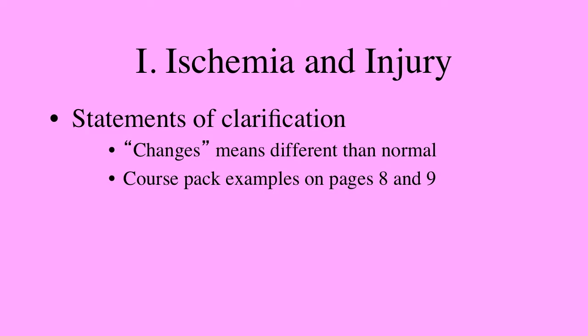ischemia. On page 9 in the course pack, there's an example of a 12 lead with a lot of ST segment elevation all over it. ST segment elevation is a form of ischemia that can be what's called transmural, all the way through the muscle. That's one reason for ST segment elevation, and there are other reasons also.